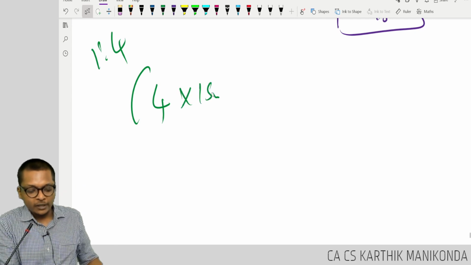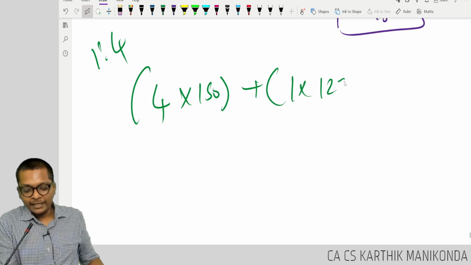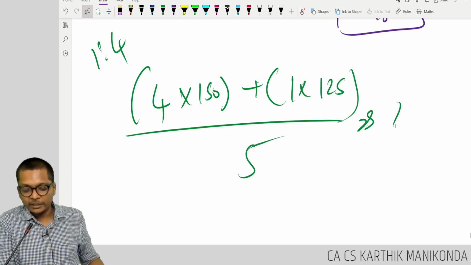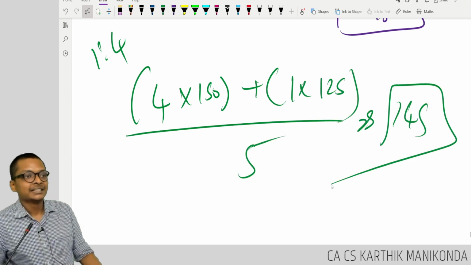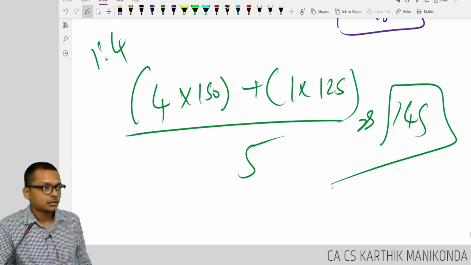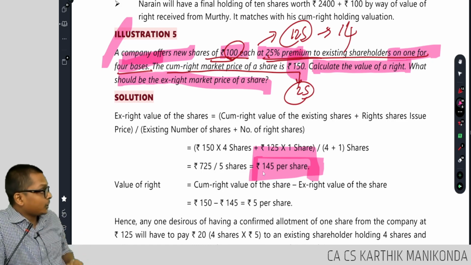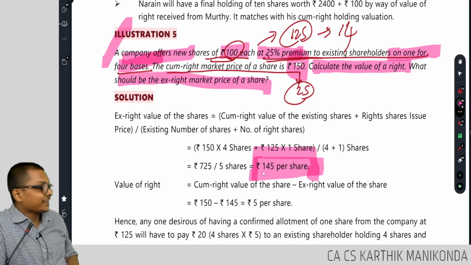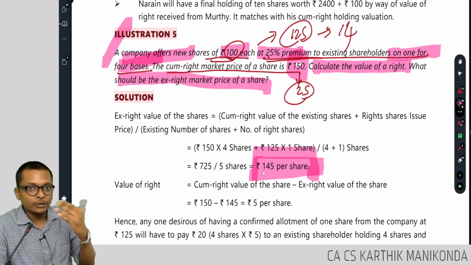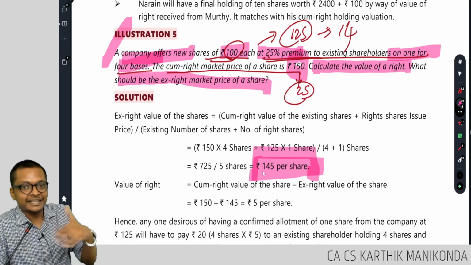So 4 into 150 plus 1 into 125, divided by 5, how much? Same, 145, correct? That's what they have done in the book. Any number you can assume, even 30,000 or 40,000, it's a ratio, it will work.